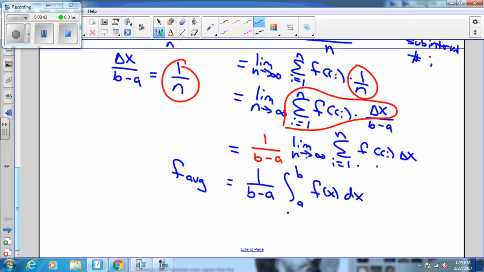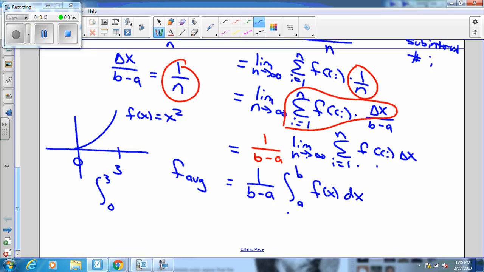Now this is a fascinating computation right here, and I want to explore it a little bit more. What does it mean geometrically? Remember that our definite integral means two things at once. It is the limit of the Riemann sum, it is also net signed area. So how do I interpret this in terms of net signed area? If I go back to my f of x from 0 to 3, f of x equals x squared, then the integral from 0 to 3 of x squared dx represents the net signed area right here.